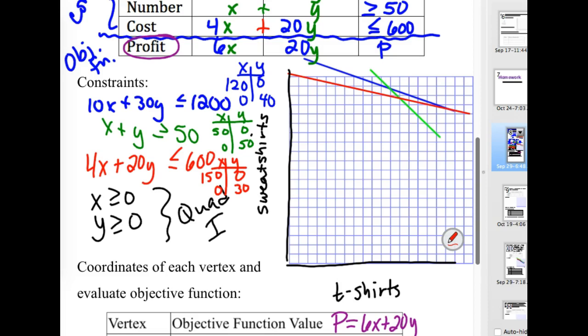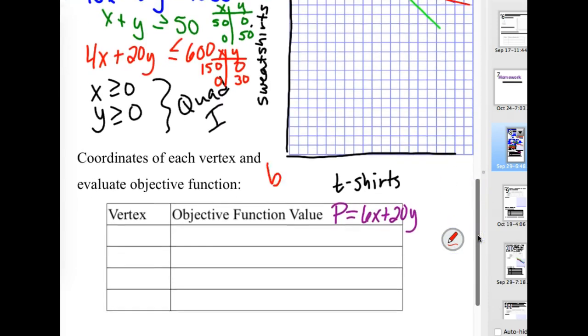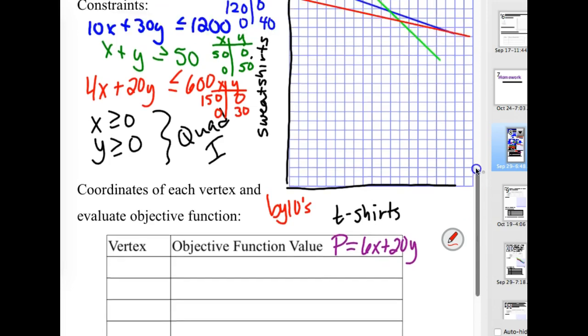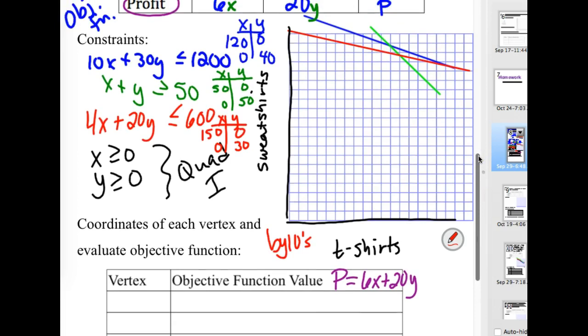I think it's a 20 by 20 grid. Okay, so we can do by tens. Now, we can do the same thing for the other axis. We could spread it out a little bit further because we only have to get up to 50. Okay, but it's your choice. If you want to just keep everything by 10 so it's a little easier to count, you can do that.